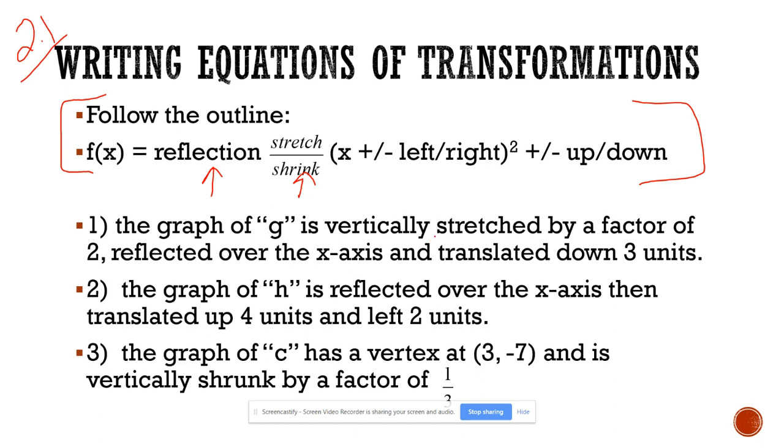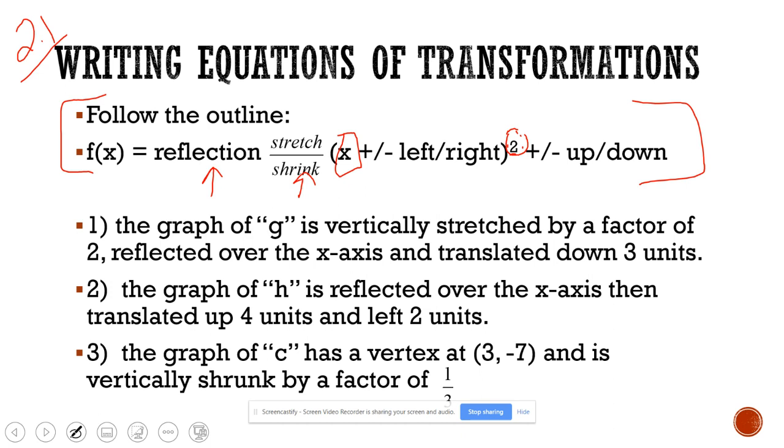If it says left or right, then you've got x plus or minus. So the x has to be there. And the square has to be there. And then if there's a translation up or down, then that comes at the end. So let's give it a try.